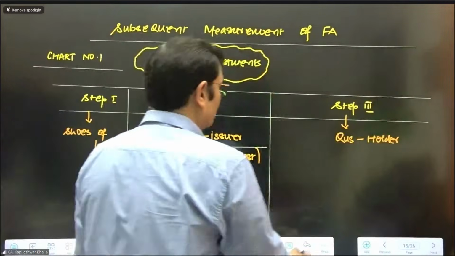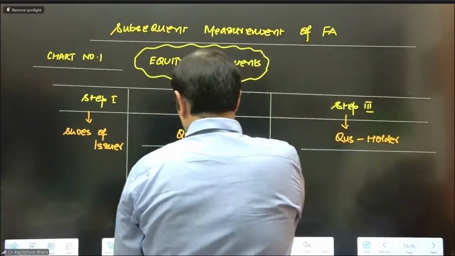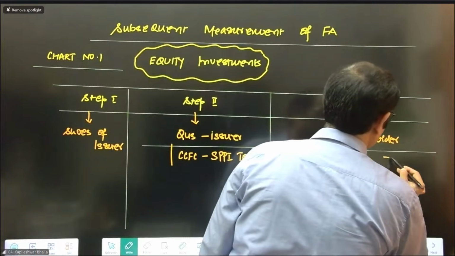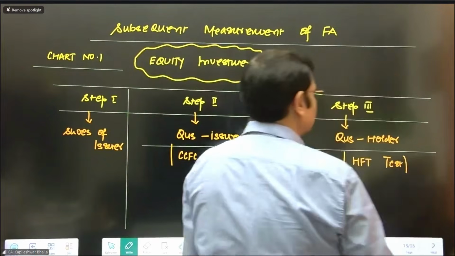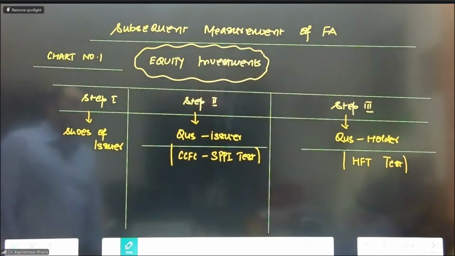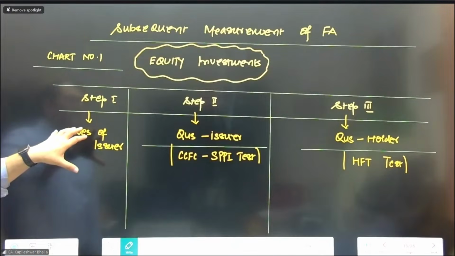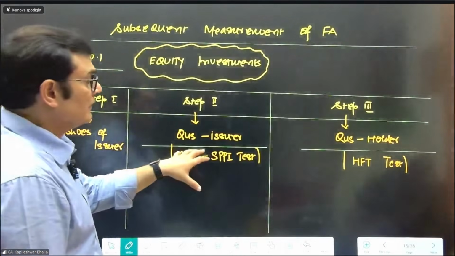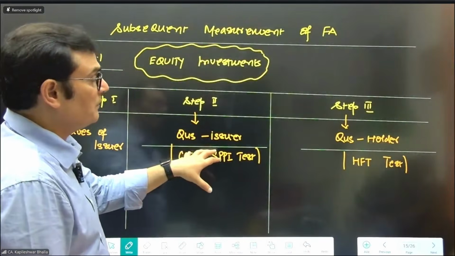In terms of the question to the holder, we are looking at what is called HFT, the held for trading test. So your focus needs to be clear. In step one, you step into the shoes of the issuer. In step number two, you are conducting the CCFC SPPI test.